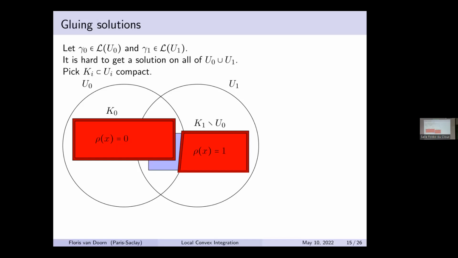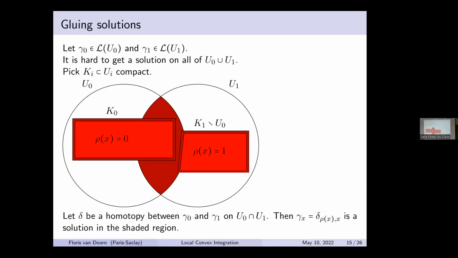And now we're going to define a new solution on all of this red part. So on the neighborhood of K0, the neighborhood of K1 minus U0, and on the intersection. And we're going to define it as follows. So we can take delta as the homotopy between gamma 0 and gamma 1, which we obtained from the contractibility on L of this intersection.